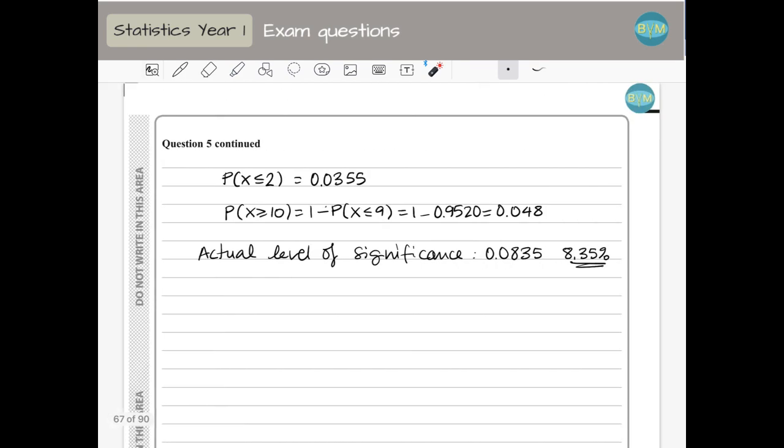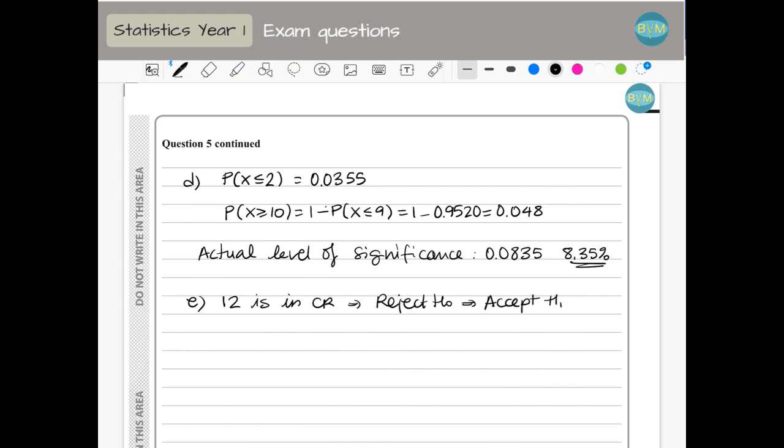So I have to say 12 is in the critical region, therefore I have to reject H0, and that means accept H1. So this supports manager's belief.